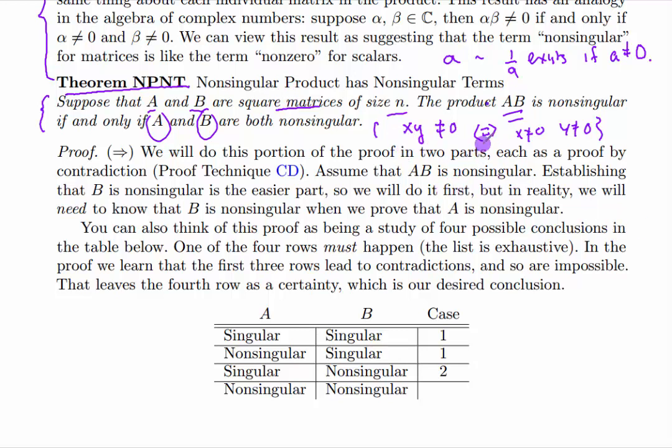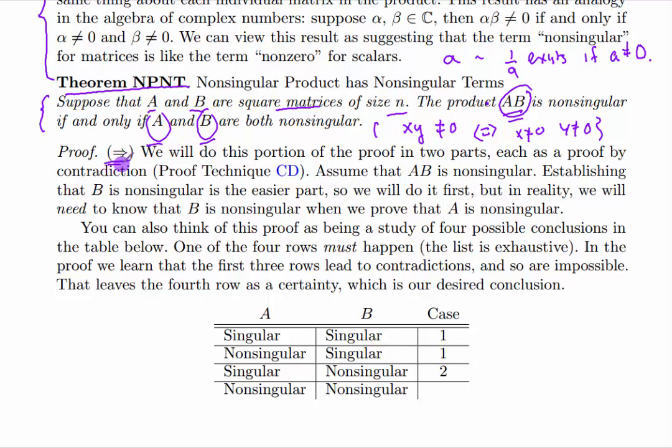Okay, now, since this is an if and only if proof, the proof has two parts. First, we have to go the forward way, and then we'll go the backward way. Forward way means that we're assuming AB is non-singular, and we will prove that both A and B are non-singular.